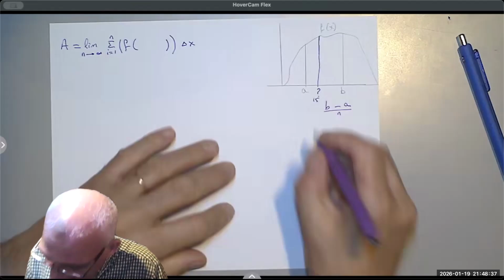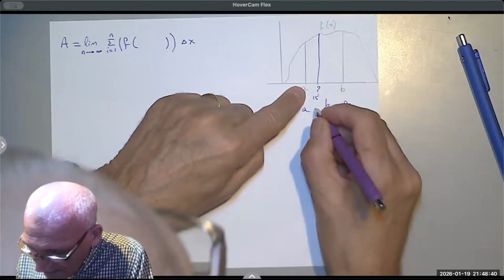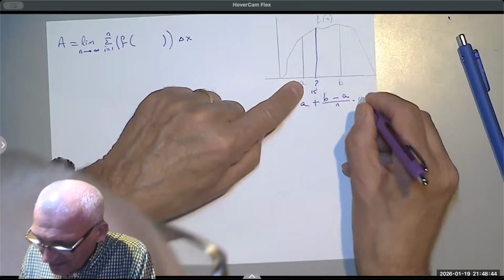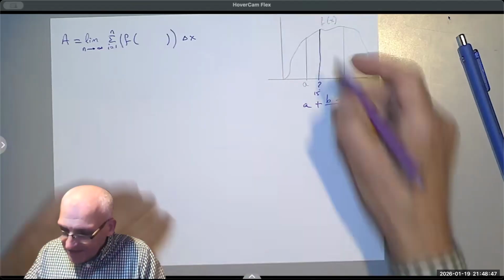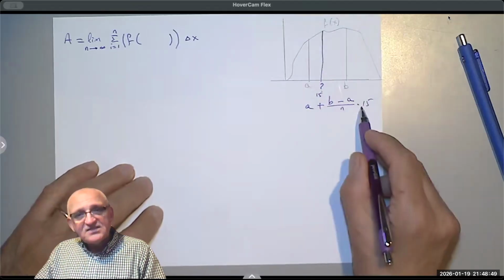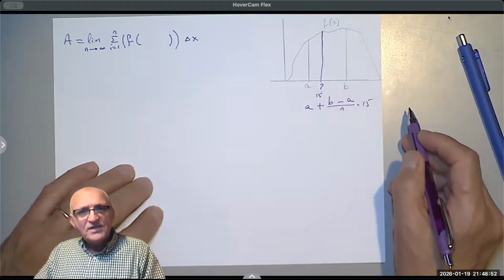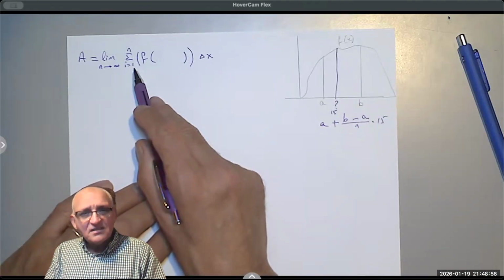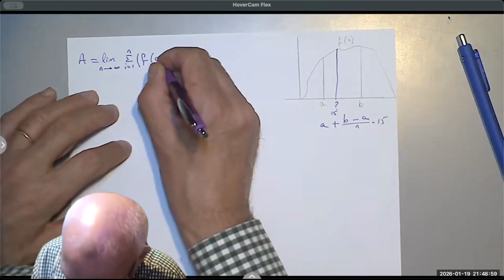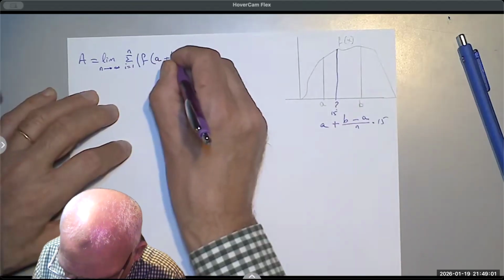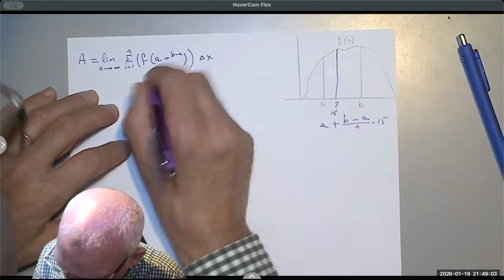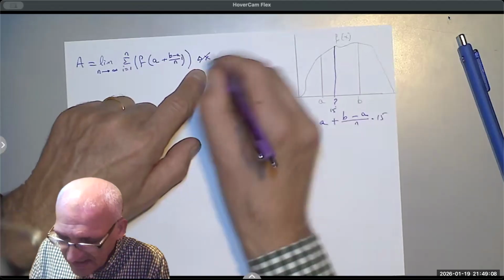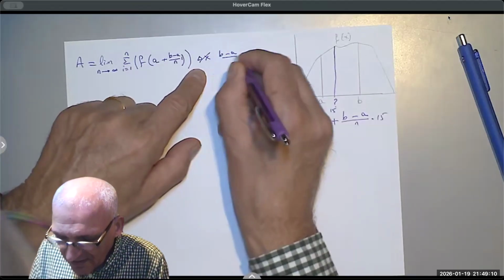Yes, it would be a, plus b minus a over n, which is delta x, times 15. And then the one next to it would be times 16, times 17. Oh, wait a second. But I have these called i's. So it's a plus b minus a over n times i. And delta x is b minus a over n.